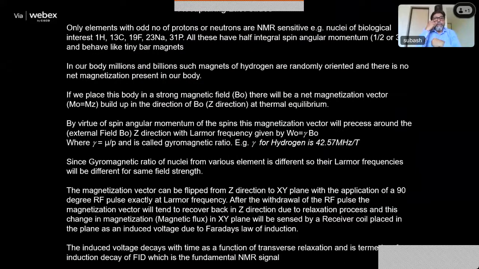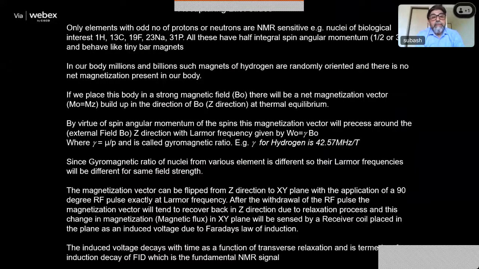So if you recap what we have studied till now, only elements with an odd number of protons or neutrons are NMR sensitive. Examples of nuclei of biological interest are hydrogen, carbon 13, fluorine, sodium 23, and phosphorus 31. All these have half-integral spin except sodium, which is 3/2.